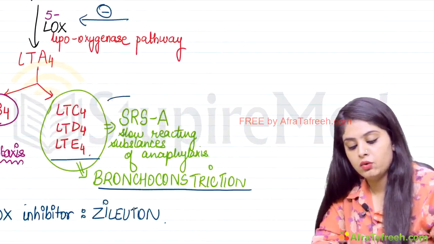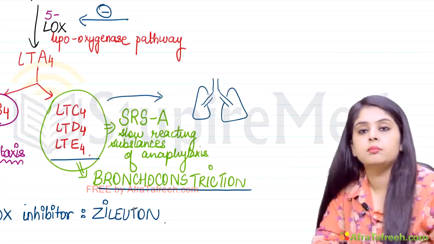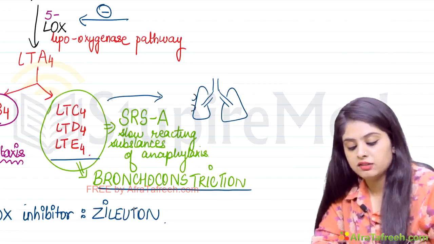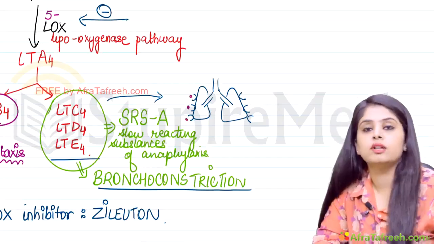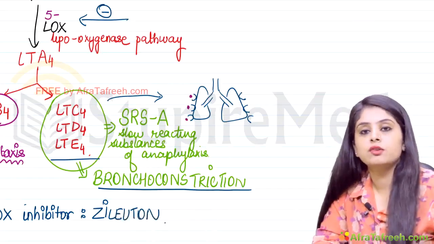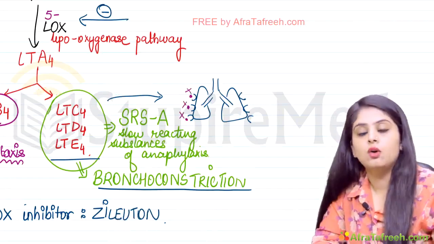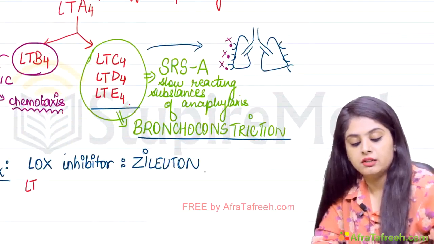For example, if this is the pulmonary or the bronchial airway, they are going to act on certain receptors known as leukotriene receptors. So what am I going to do? I am going to block this. Or in other words, I can give the patient leukotriene receptor antagonists.